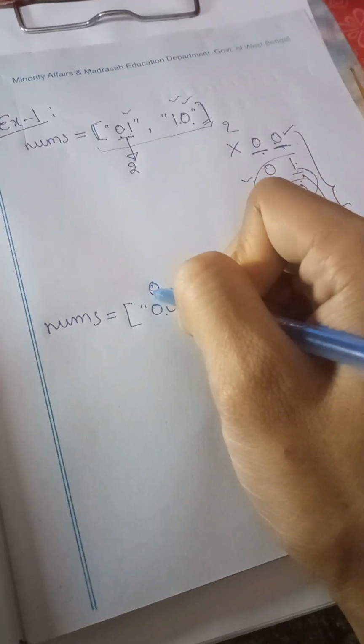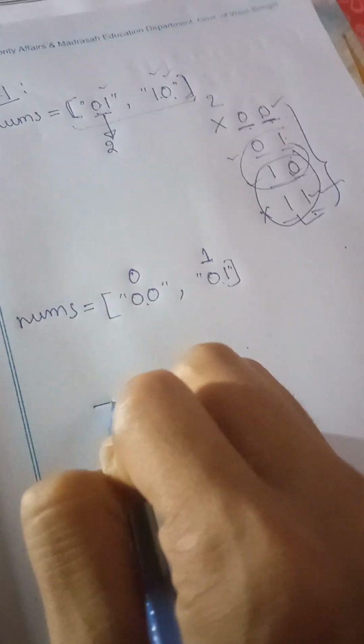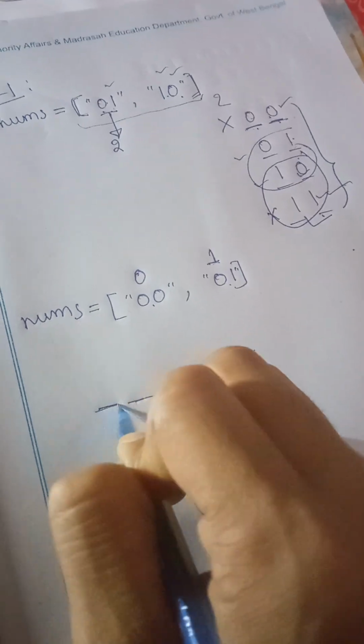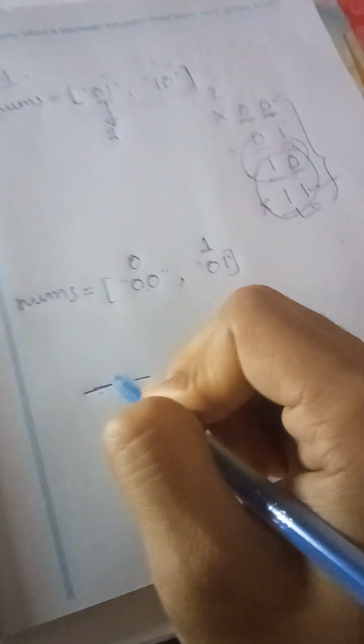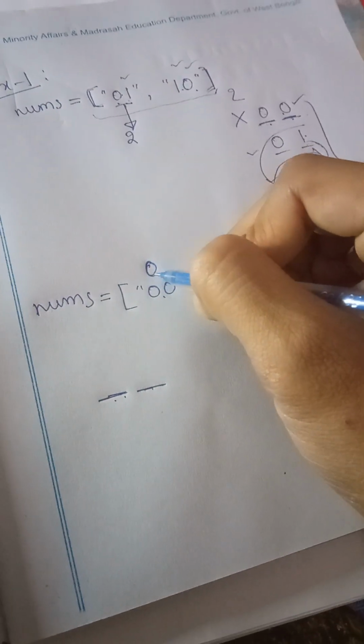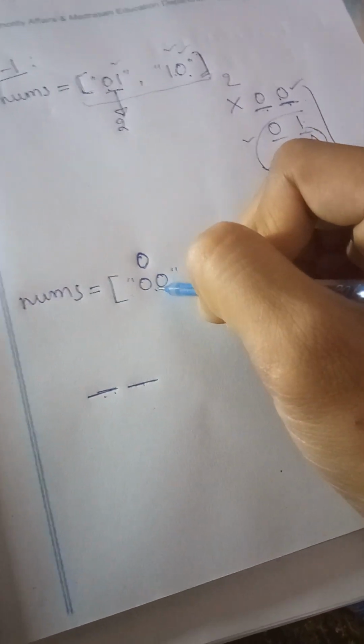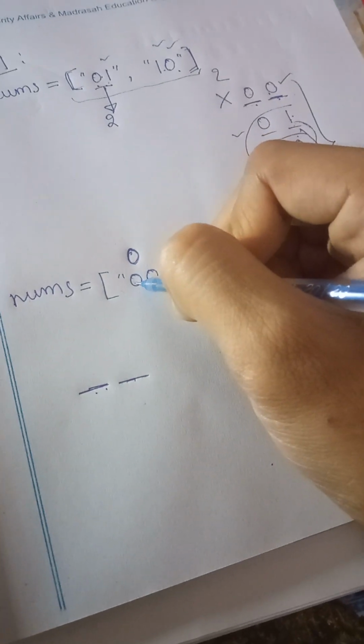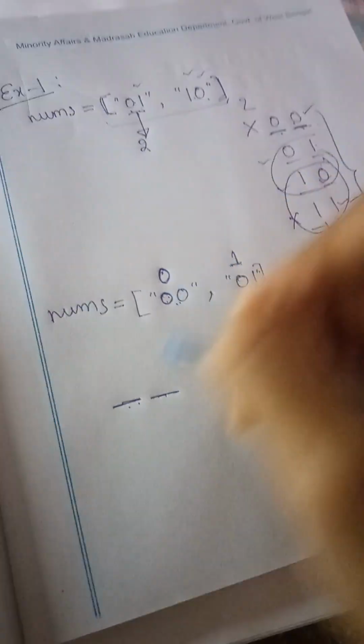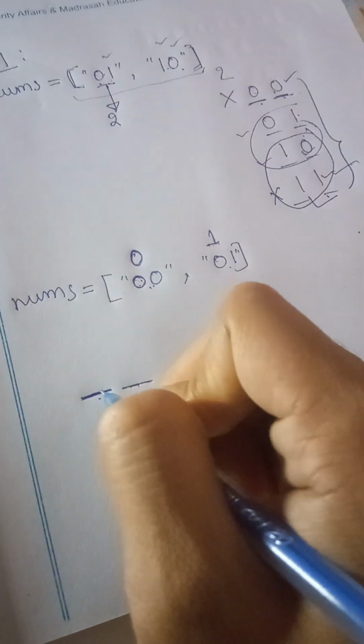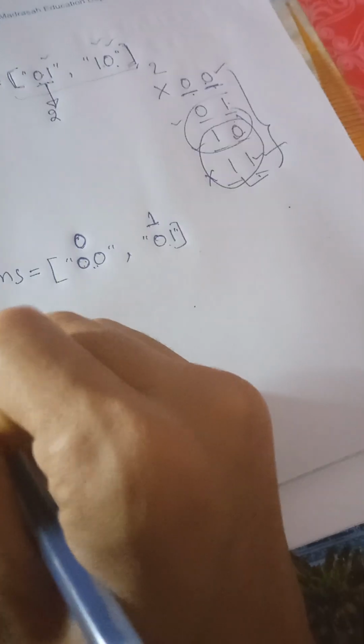Now I have to return a string of length 2 which is not in this array. So in the 0th string, the 0th character, what is it? 0. So I will insert into my answer.